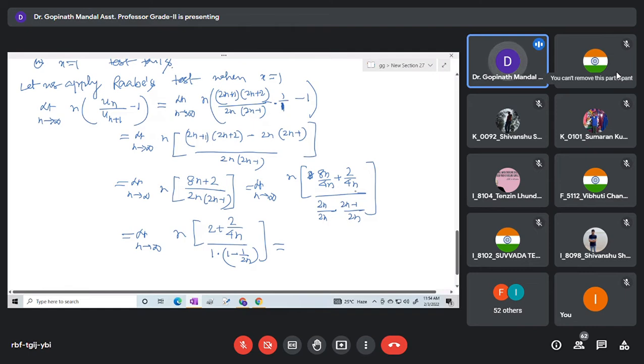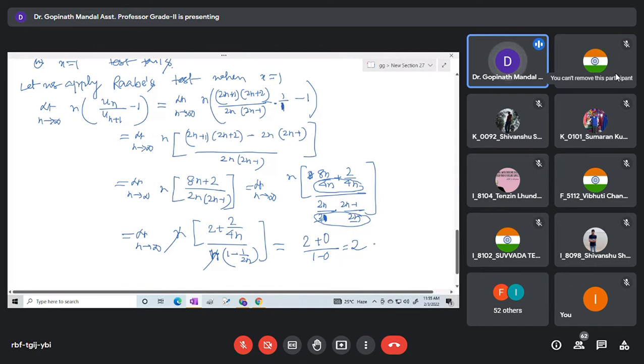Here look at here, 4n, but there is a 4n square, so there is another n here, and this n cancels, so limit will be 2 plus 0 by 1 minus 0.